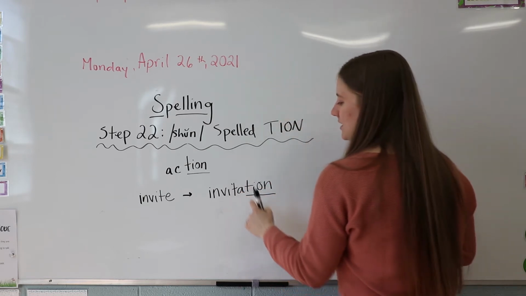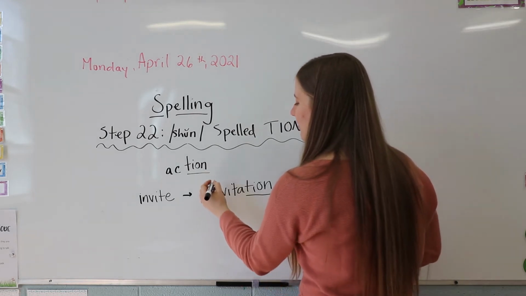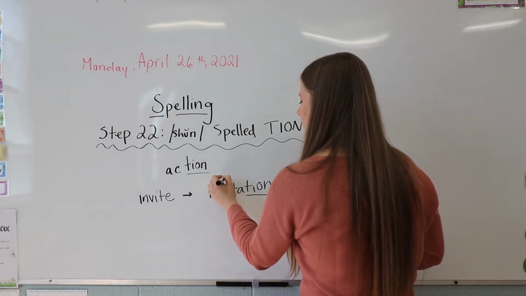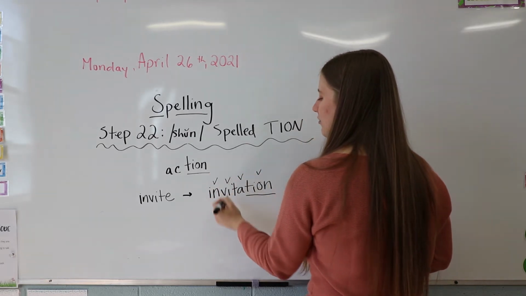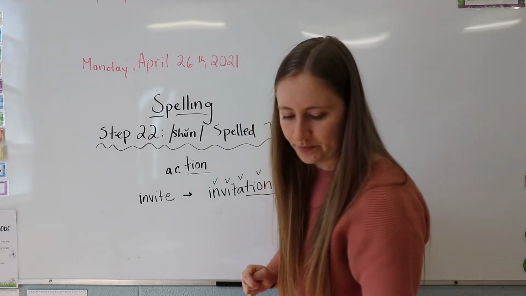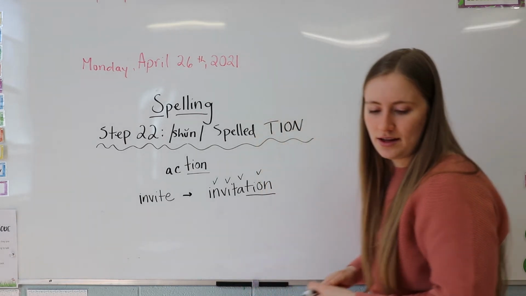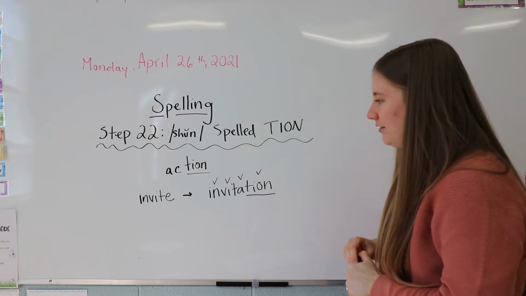Okay? Because this has to be its own syllable all by itself. So we have one syllable, two syllable, three syllable, four syllable. Invitation. Okay? So that is an example of the T-I-O-N.